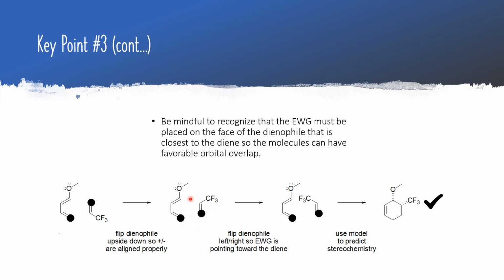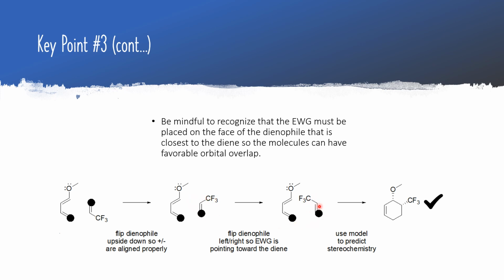Now we have to flip it left or right. That's the difference between this question and the previous questions we did: we didn't flip it left or right, we just flipped it up or down. So another step is to flip it left or right for the dienophile, so the electron withdrawing group is pointing towards the diene.